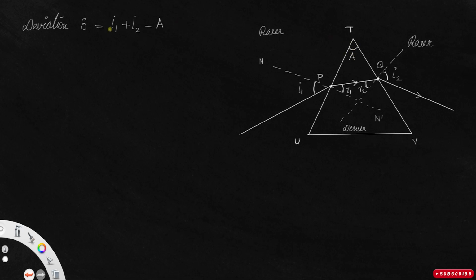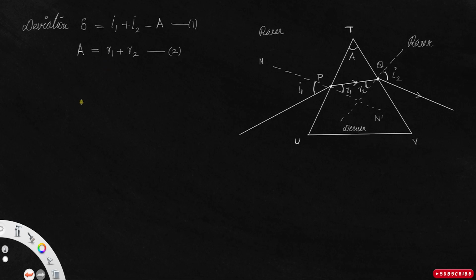We already derived this expression. You can always go back and check the previous video. Okay. Also, we have the expression for the angle of prism as R1 plus R2. Let's put this as equation number 1 and this as equation number 2. We also derived this expression.